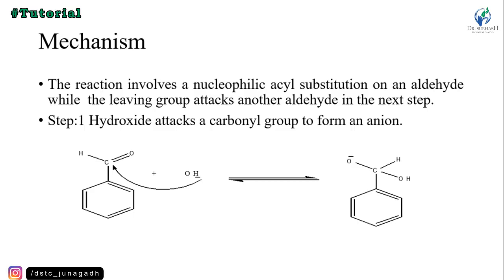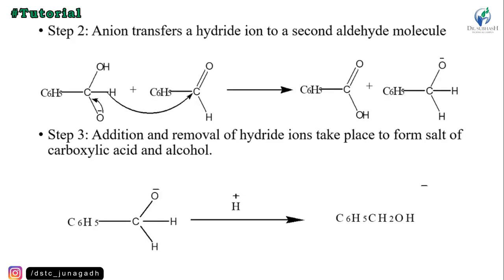Is this a reversible or irreversible mechanism? Step number 1 is a reversible reaction. Then step number 2: the derivative of the carboxylic acid and one molecule of aldehyde are reacted, and then one H is transferred to the carbonyl atom, and we get one carboxylic acid and one derivative of the alcohol.